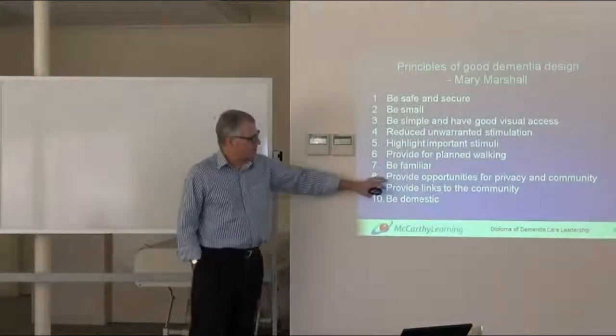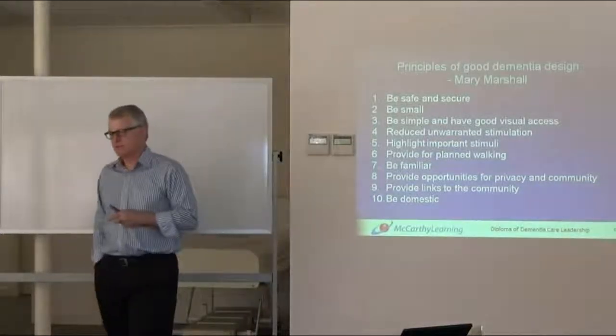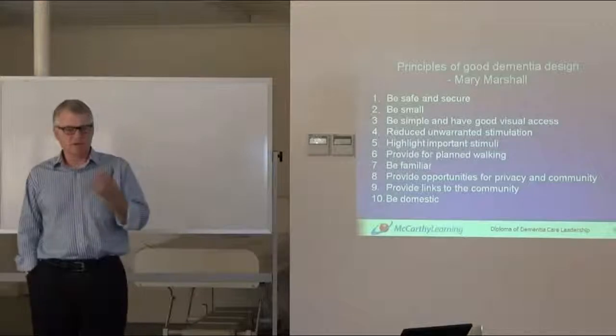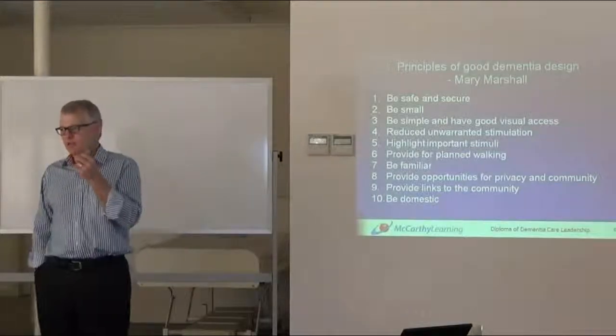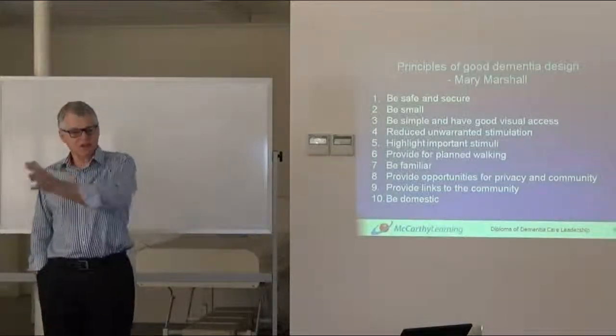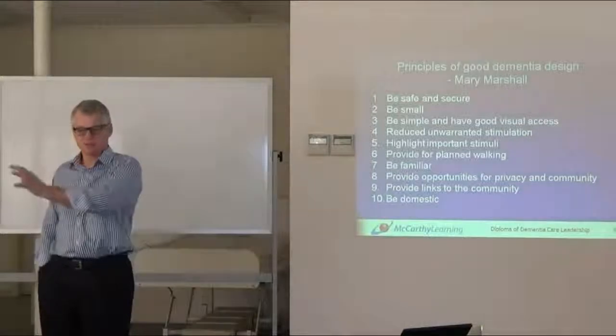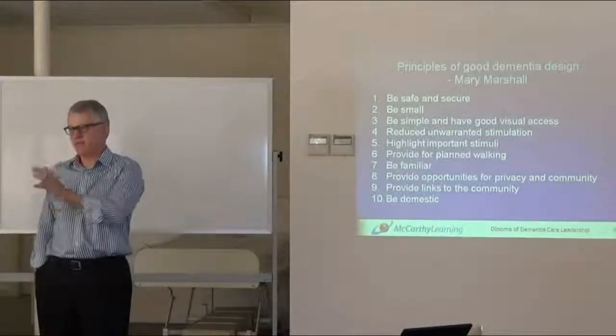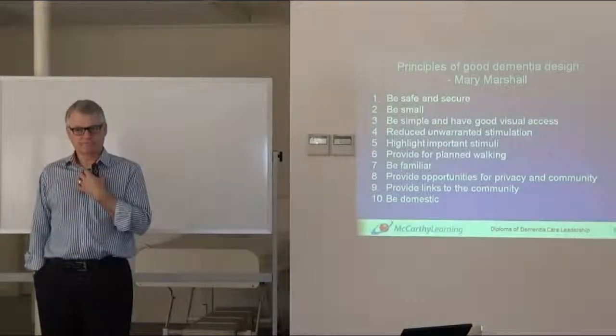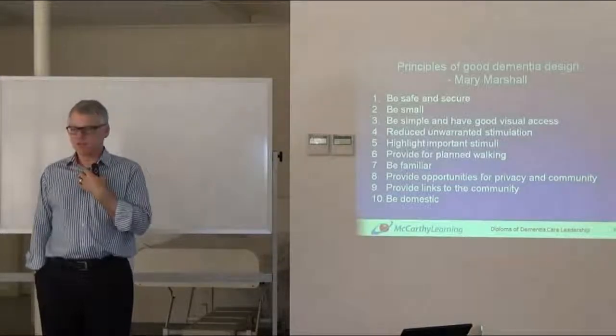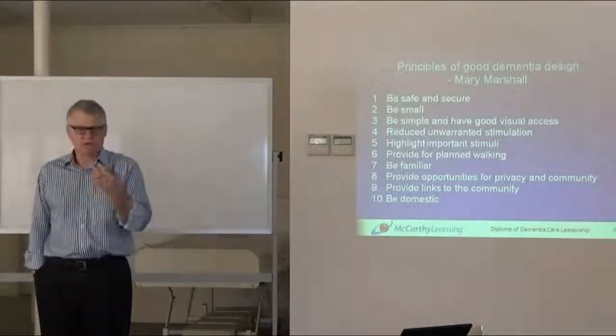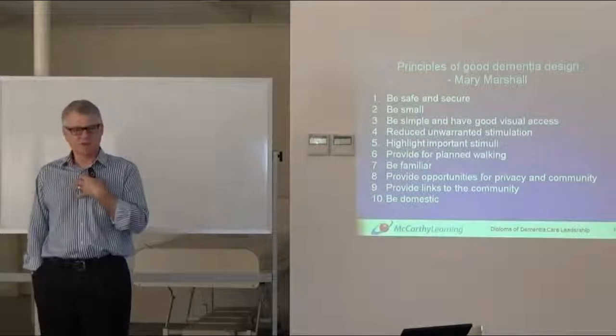Provide opportunities for privacy and community. I think several of you have been saying that what's important is that they do have physical spaces to actually go to be on their own if necessary, if they want that. And those of you who are introverts will know just how much you need that private space on your own.